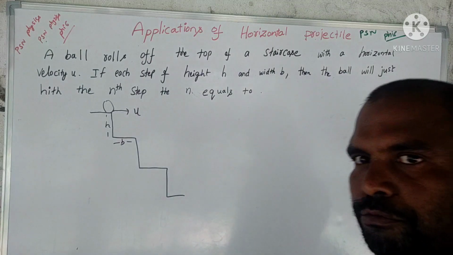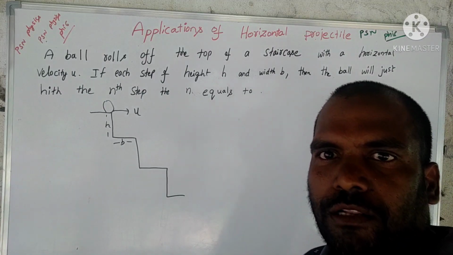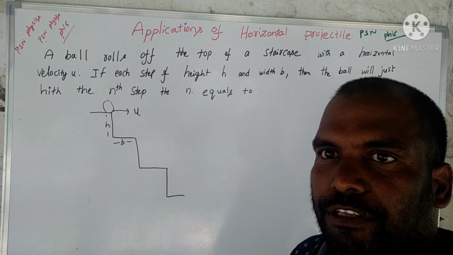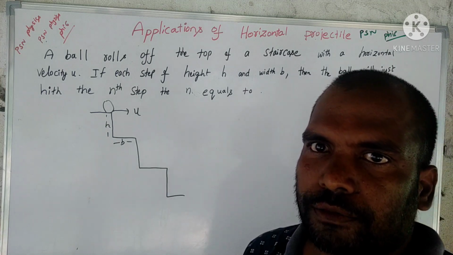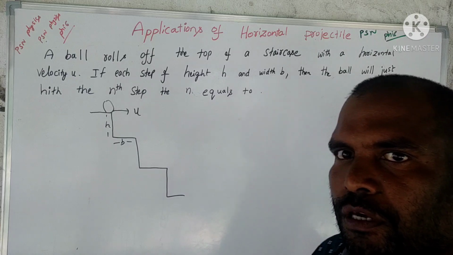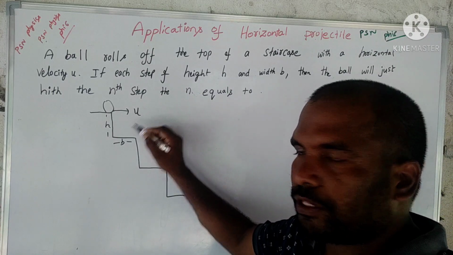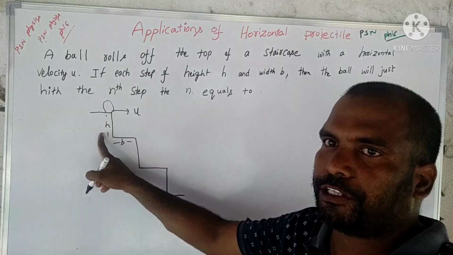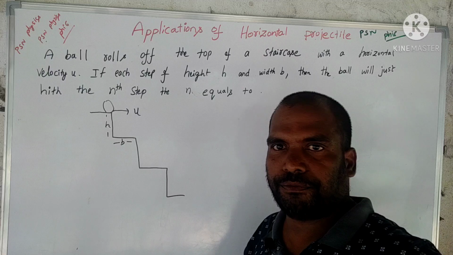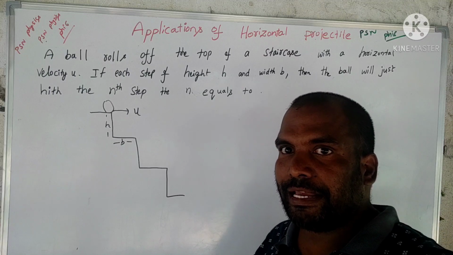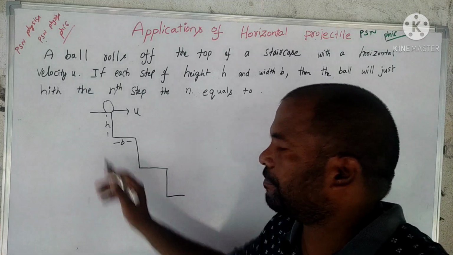Here, to solve the numerical, physics students, it is very important to know what things are given in the numerical. In the question itself, we know the velocity u, the height of each step h, and the width of each step b. We know these three quantities. Now we have to bring n in terms of these quantities.